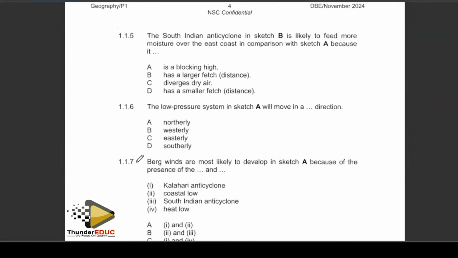Right, number 115, it's talking about the South Indian anticyclone. The South Indian anticyclone in sketch B is likely to feed more moisture over the east coast in comparison with sketch A because it, right, if you look at how the South Indian high pressure is located in sketch A and in sketch B, there's a difference in terms of the location.